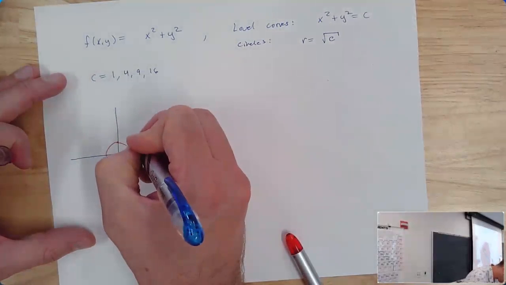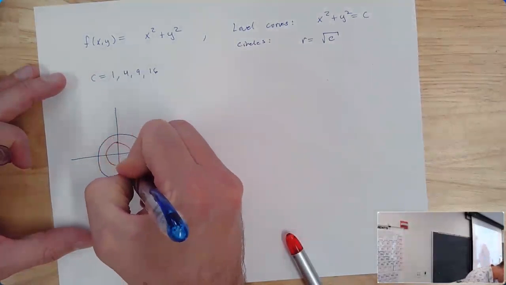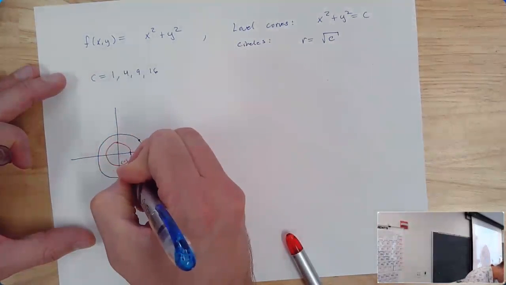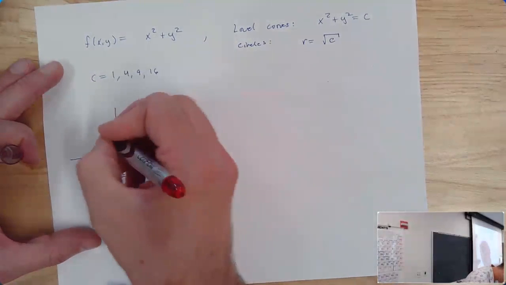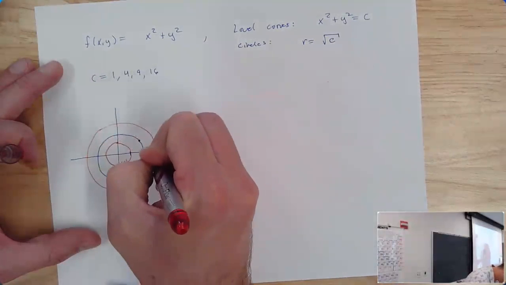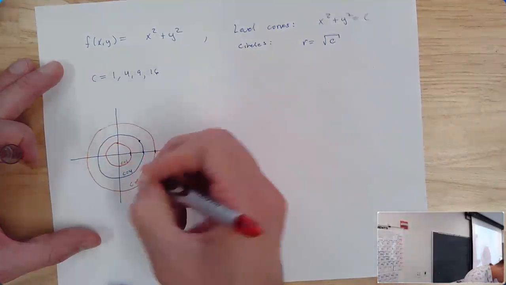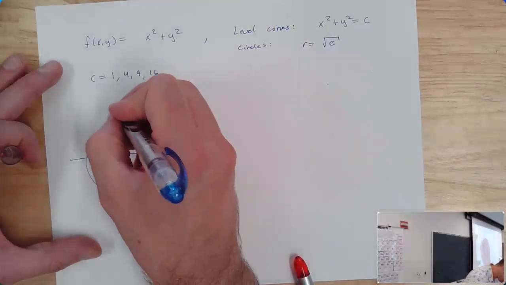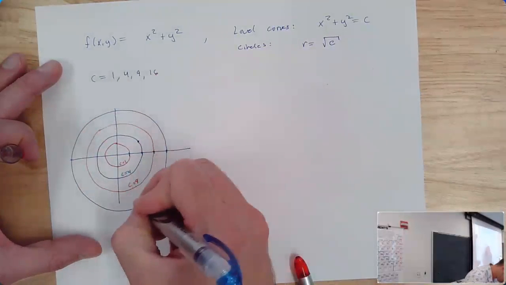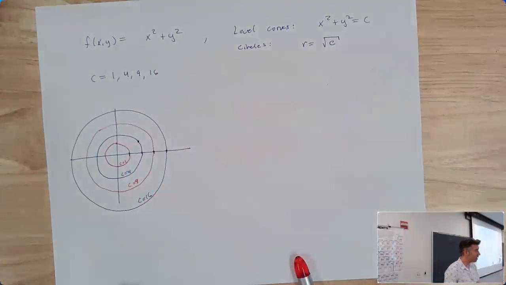Sorry, c equal to 4. Here's the level curve for c equal to 9. And finally, here's the level curve for c equal to 16. So as we go higher up, our circles get bigger.